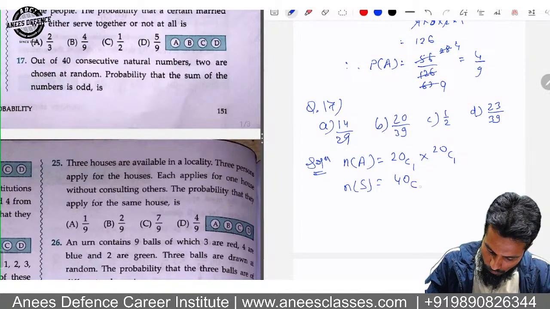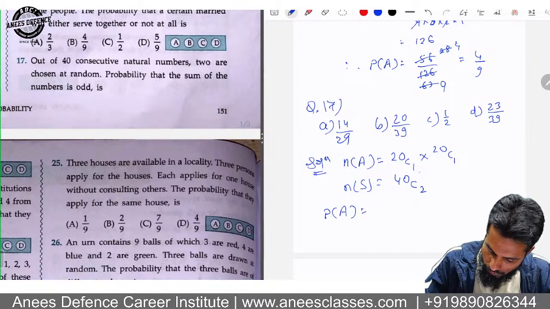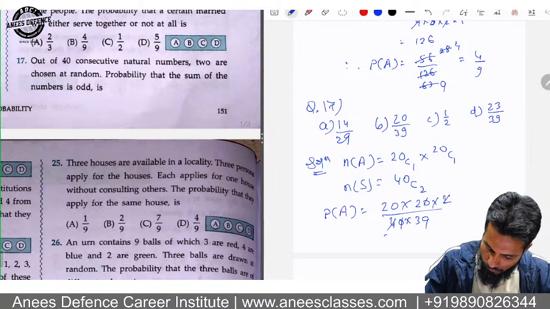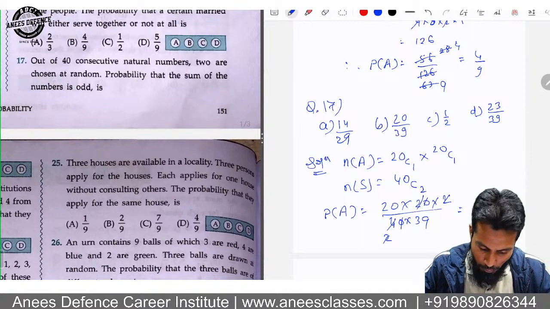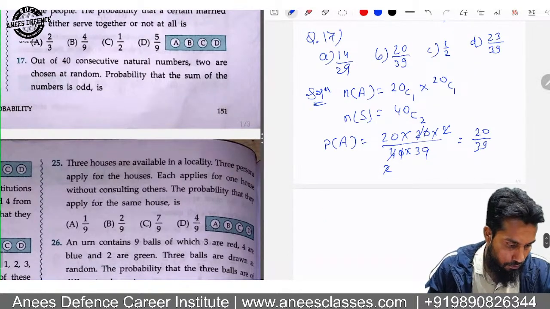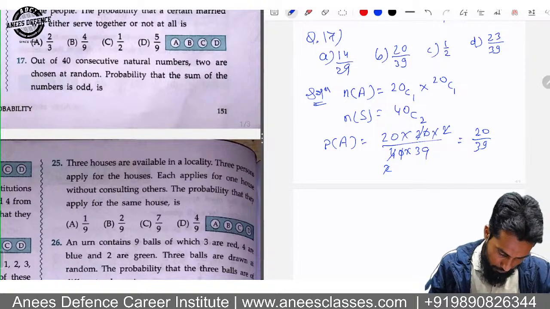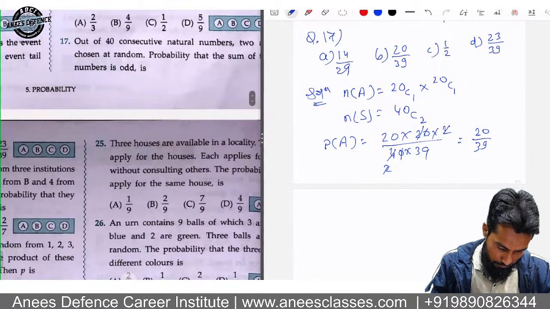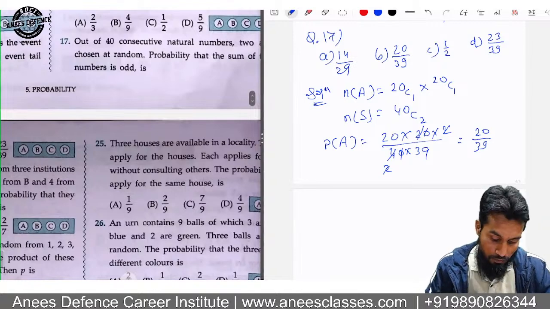Just divide both of them to get the probability of A. 20C1 is 20 only. 20 multiplied with 20, divided by 40 into 39 over 2. You can cancel the zeros, and the 2s, to get 20/39. Option B, correct. So you can take option number B, no issue. Next, question number 18, you can see then.